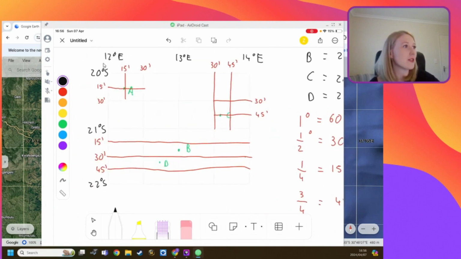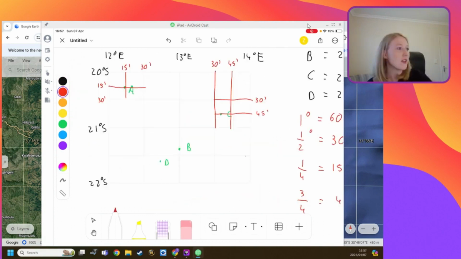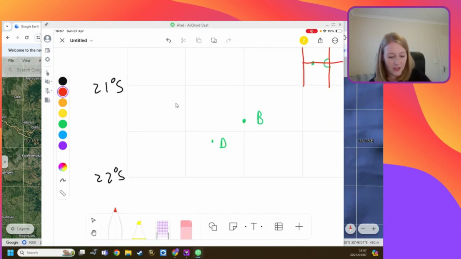And we look east, 12 degrees east and 13 degrees east. So it's at least 12. Good. So there's our point over there. Here is the one halfway line. So that is 30 minutes.